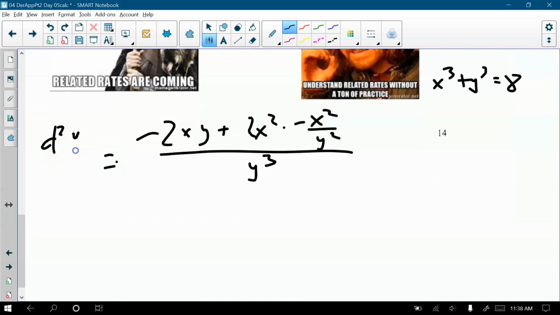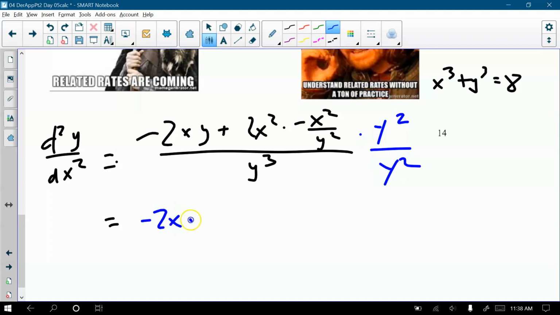So now we get, I'm starting to lose steam, guys. So now we go ahead and get, when we multiply all this, let's multiply both sides by y squared. And we get negative 2x y cubed plus these y squareds cancel. But again, a y squared went over here too.